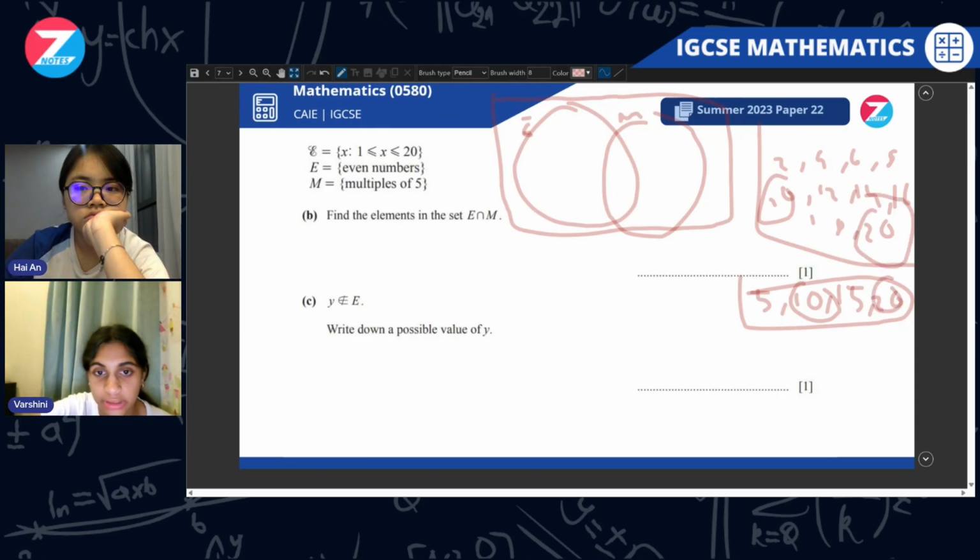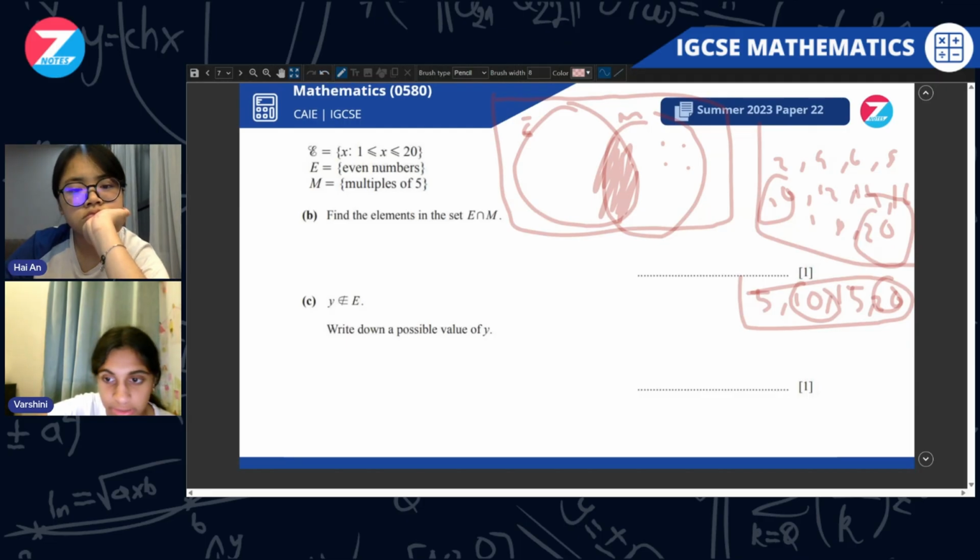Intersection means the things that come in both E and M, so this area. Since 10 and 20 are the only things that come in both, they would come inside our shaded region.